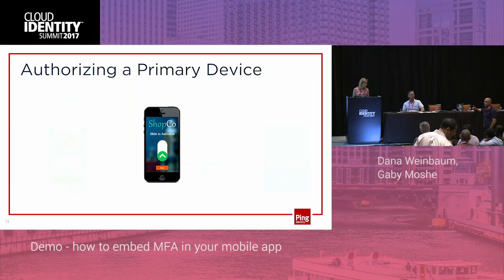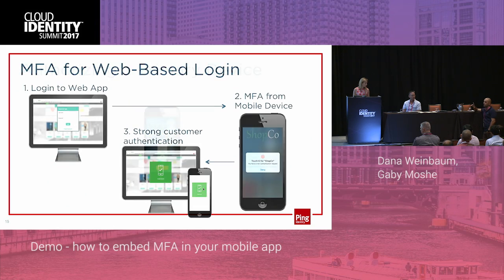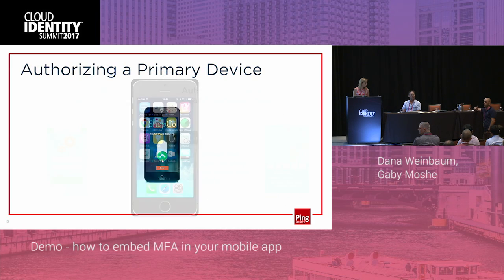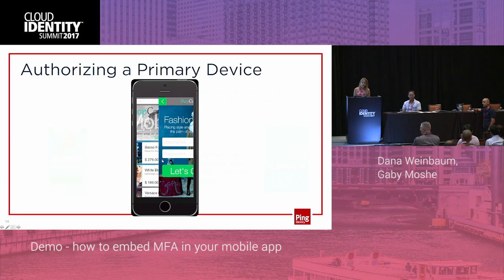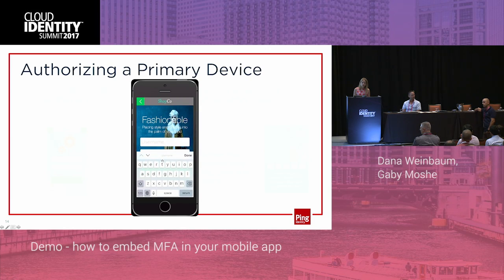The same thing happens behind the scenes, but there is no need for the users to scan a QR code or to enter a registration code. Once you click trust, since it's SDK based, you can generate the trust behind the scenes and exchange keys between the servers and the mobile and store them in a secure location on the mobile app.